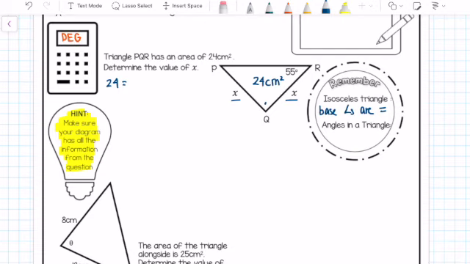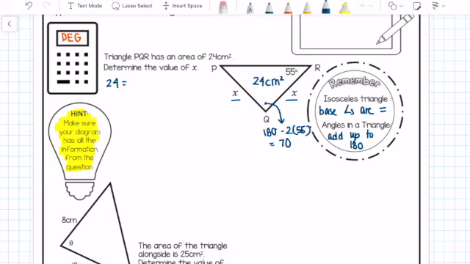And the angles in a triangle add up to 180. So what that means is this is 180 minus 2 times 55, which gives me 70.